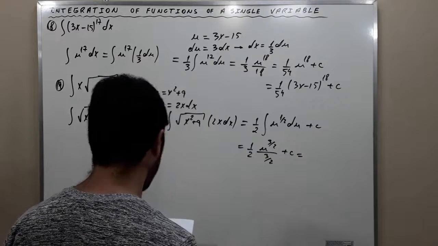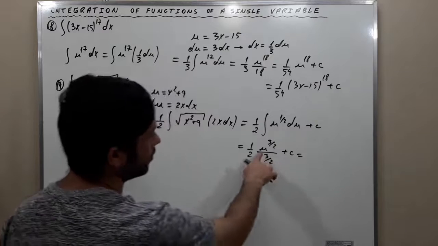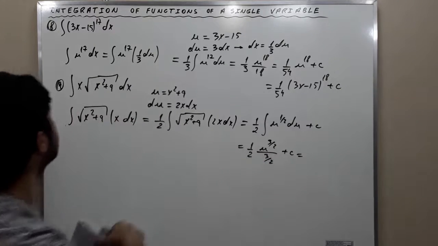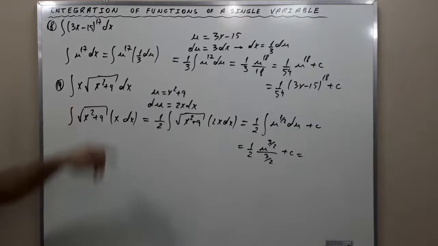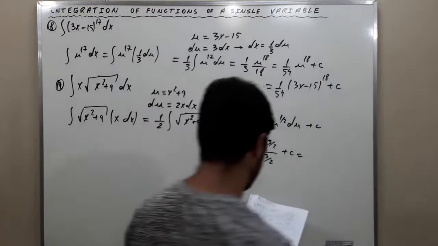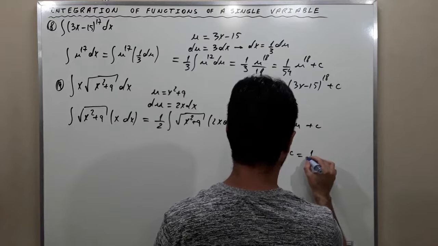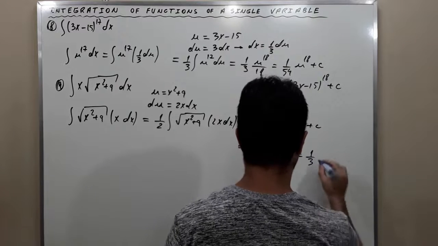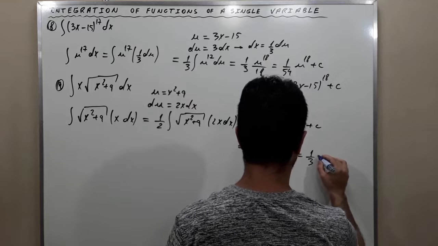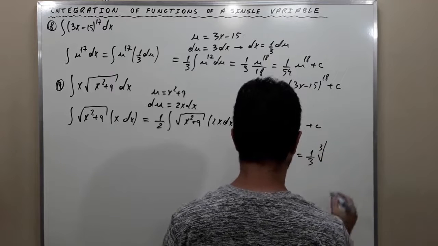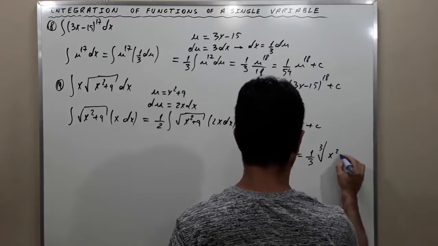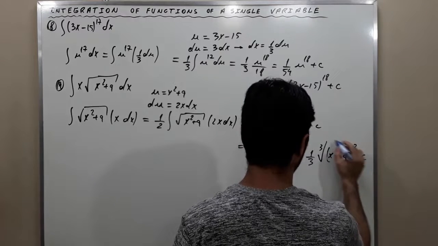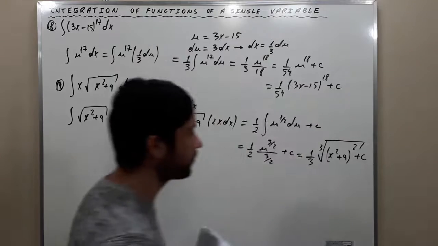And ultimately, substituting back u to x squared plus 9, I get that this is going to be a third of the cube root of x squared plus 9 squared plus c, okay?